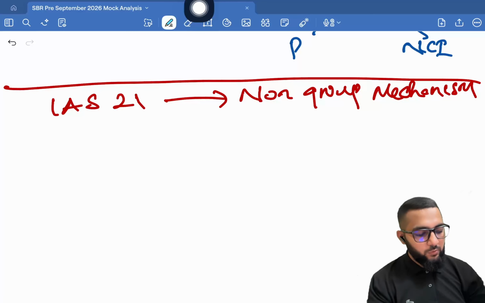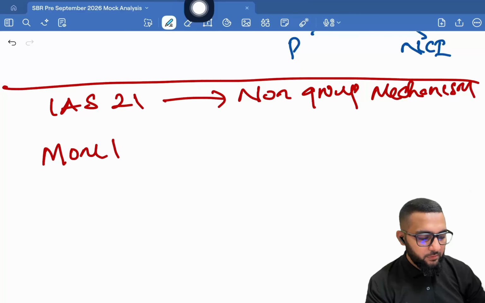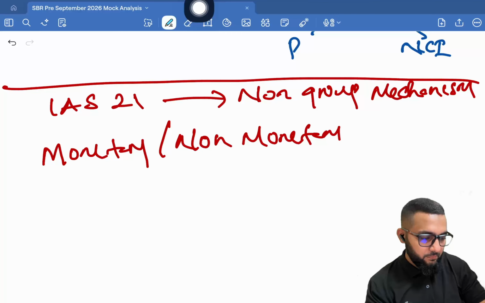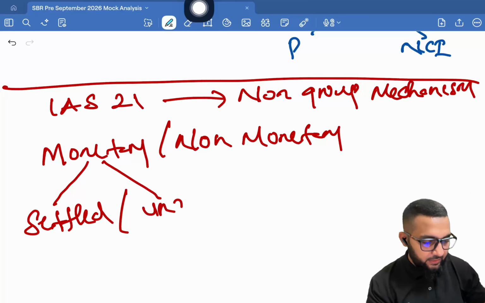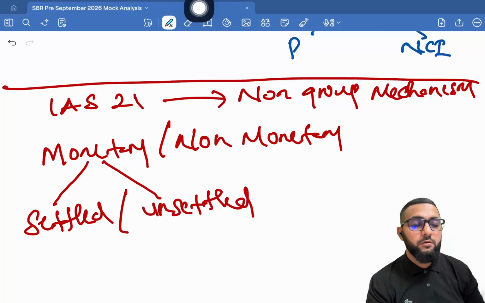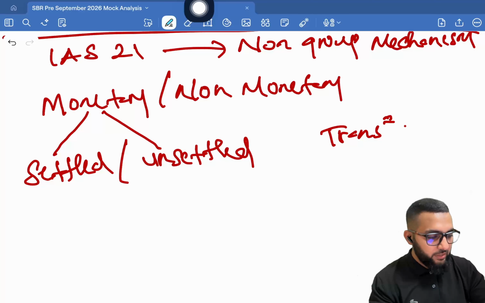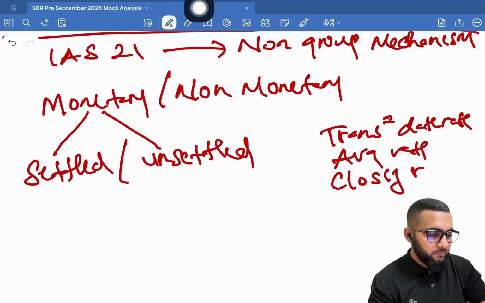In IAS 21, there is monetary versus non-monetary assets, where a monetary asset could either be settled or unsettled. There are three main rates here: the transaction date rate, which is a spot rate, then the average rate, then the closing rate.